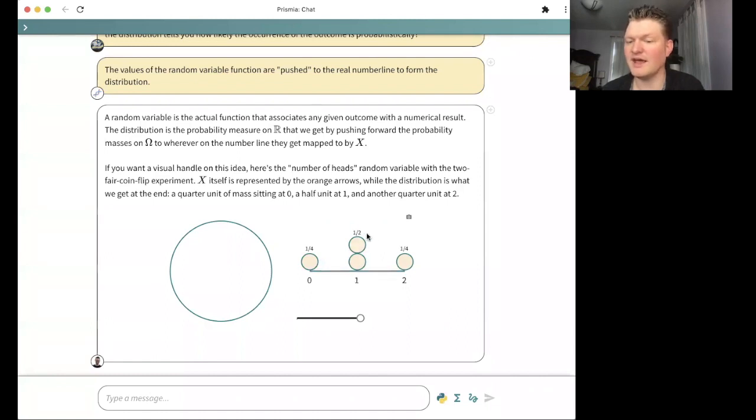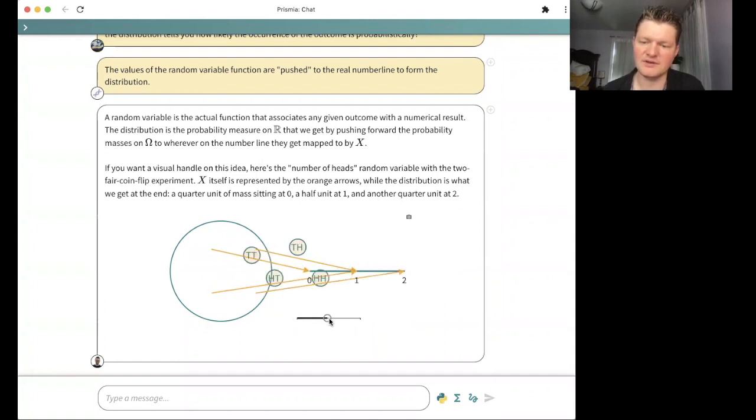So that half unit of probability at the level of the distribution, you might think it could have come from just a single element of the sample space over here. So the point is just how much mass is there at each point, like where are the masses? That's it. That tells you completely what the probability measure is. And that's our distribution for this particular random variable X.